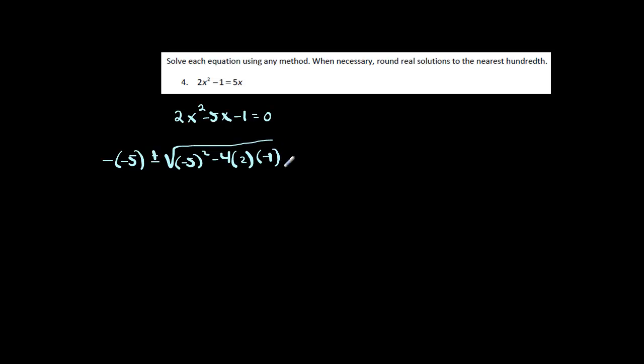Solve by using any method. We're going to use the quadratic formula for the first one. So let's move this 5x over. So 2x squared minus 5x minus 1 equals 0. So let's plug these values in. So the opposite of b plus or minus the square root of b squared minus 4ac, all divided by 2a.